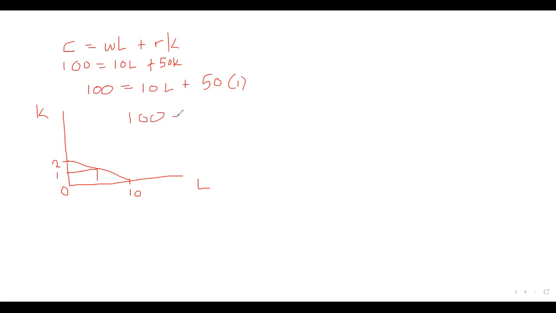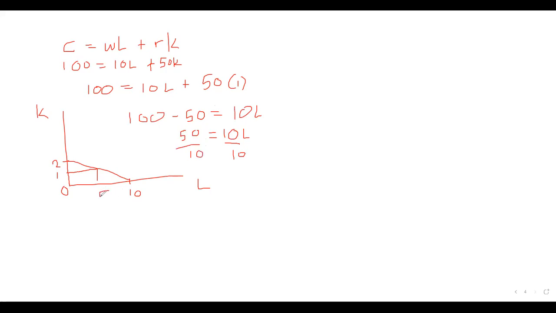When we subtract this, we're going to have 10L. 100 minus 50 is 50. So here we're going to have 10L. When we divide both sides by 10, what will our labor units be? 5. Our labor units will be at 5.